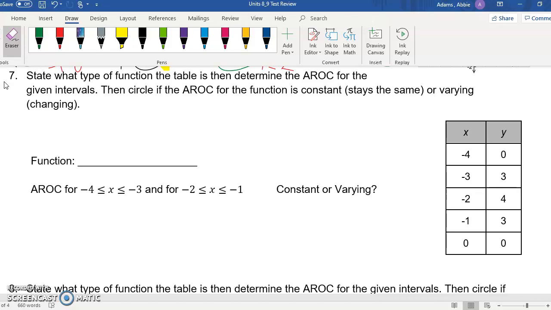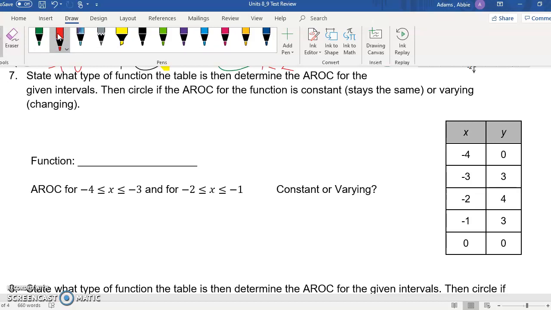But with exponential and quadratic functions, the intervals are not the same, so they have varying average rates of change. It's okay if you haven't seen this pattern yet, but this clears it up a little bit. If you see a linear function, you're going to know that the average rate of change throughout that function is constant. And if you have exponential or quadratic functions, the average rates of change for those functions are going to be varying. So let's jump into problem 7.